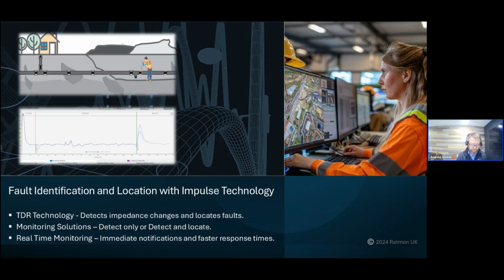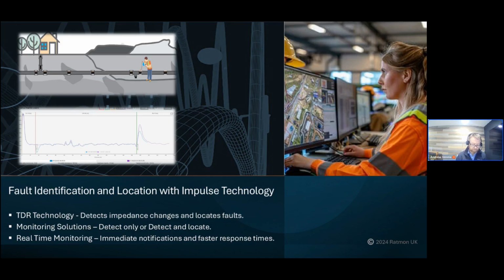Monitoring solutions. There are two primary approaches to integrating TDR with monitoring solutions. The first is detection-only systems, which detect and alert the operators to a leak. These systems rely on the manual application of TDR technology after a leak is detected to pinpoint its location. While effective, this method introduces a delay in fault identification and resolution.